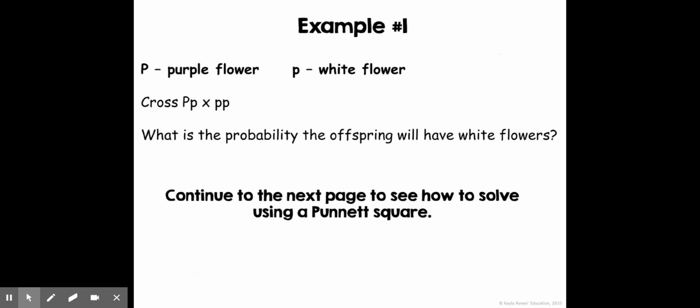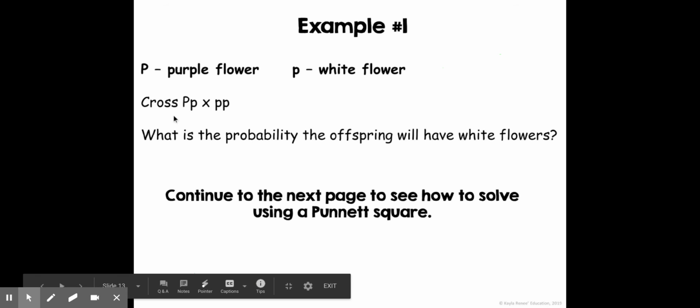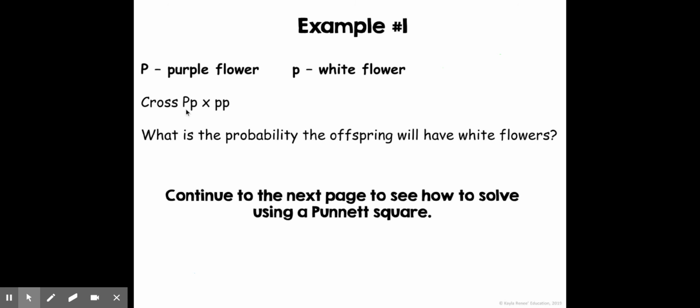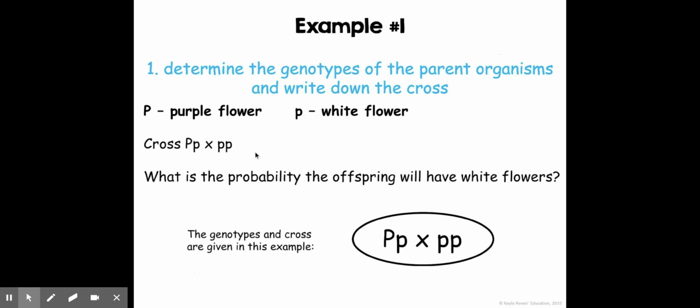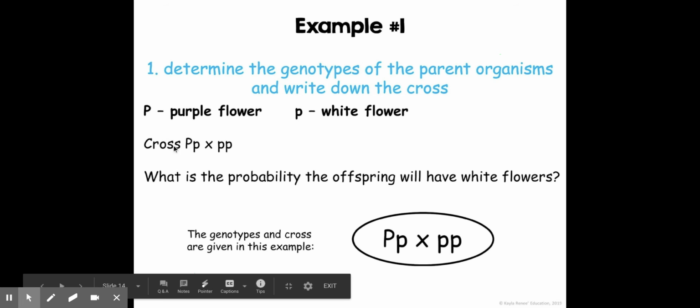So let's go through this as an example. If I have purple flowers and white flowers, and I have a mom who is heterozygous genotype and a dad who's homozygous recessive genotype, we want to find the probability that the offspring are going to have white flowers. So the first thing we need to do is determine the genotypes of the parents and write down the cross.